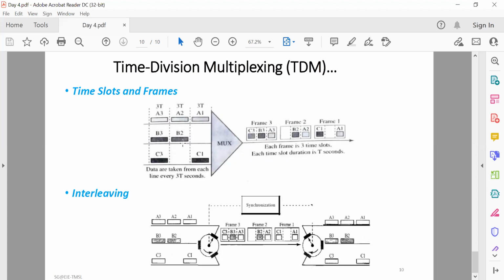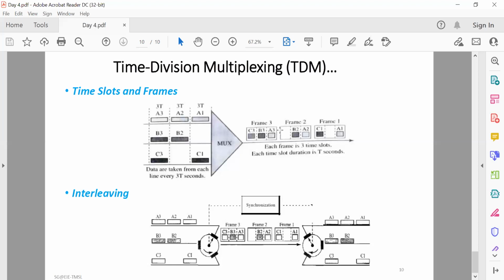Each input unit becomes one output unit and occupies one output time slot. If the duration of an input time slot is given, the duration of an output time slot is n times shorter.